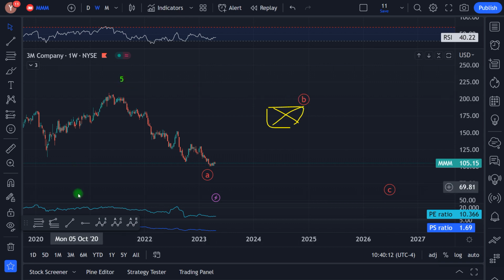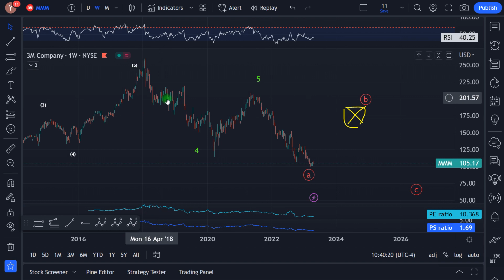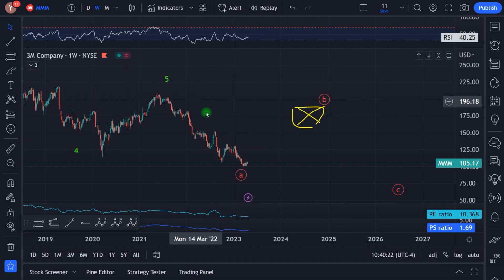By the way, the correction of the wave B usually can be about 30 to 50% of the previous impulse.